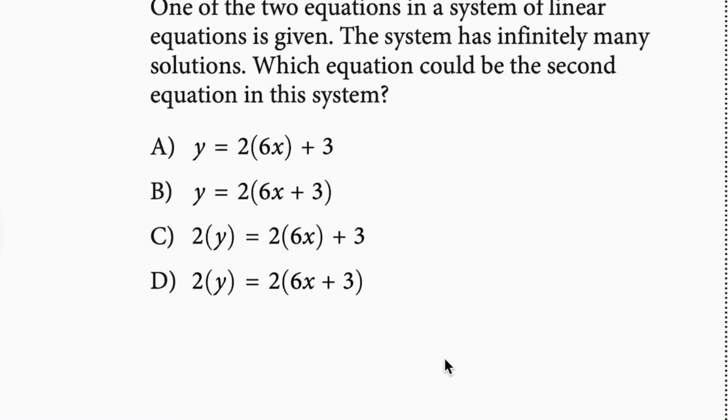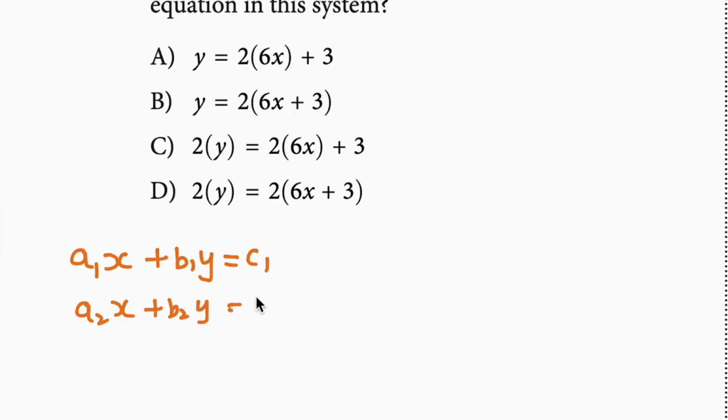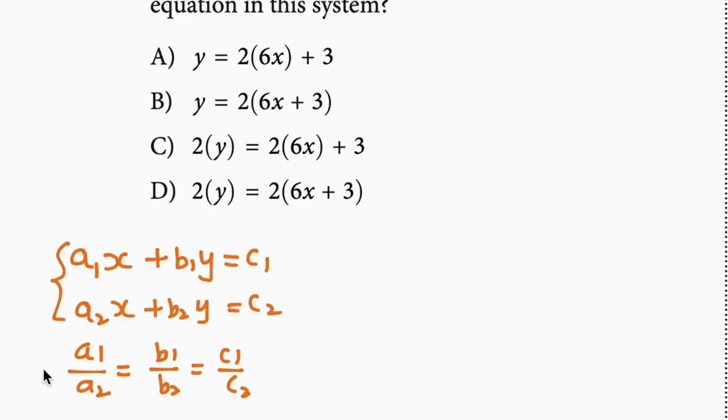As far as I am guessing, you must have done this in school: whenever equations are given in standard form, a1x plus b1y is equal to c1 and a2x plus b2y is equal to c2, then algebra wise the ratios should be equal. a1 over a2 is equal to b1 over b2 is equal to c1 over c2. If all the ratios are equal, then this system will have infinite solutions.